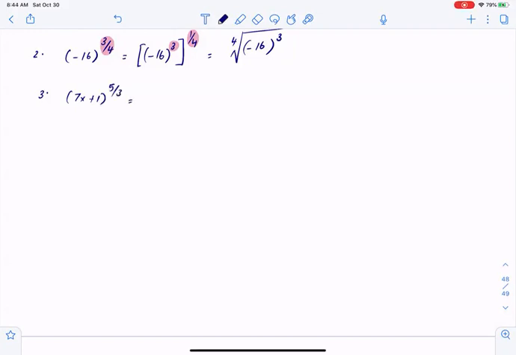So here I have 7x plus 1 raised to 5/3. And 5/3 is not a standard root. So we're going to use the properties of exponents. And write it as 7x plus 1 raised to 5 and raise the entire expression to 1/3.